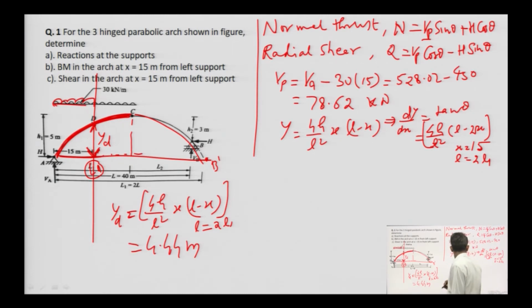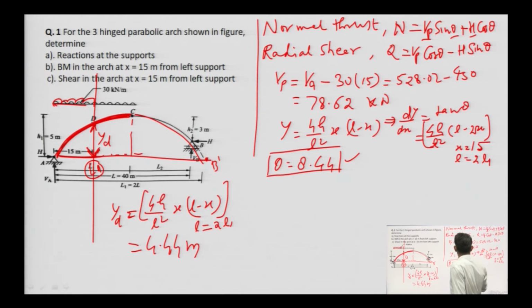So, dy/dx by putting this and equating to tan theta, we can have the value of theta as 8.44. Now, Vp is known to us, theta is known to us, h is known to us.